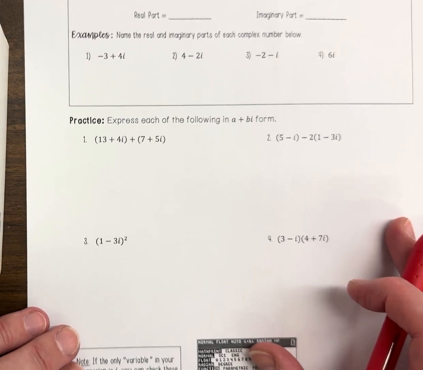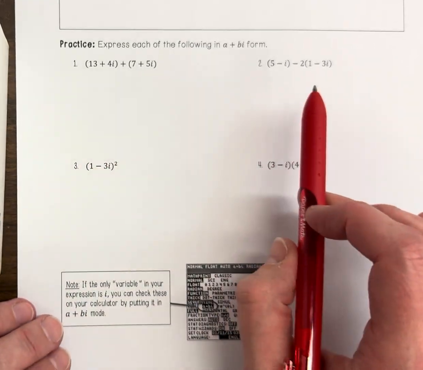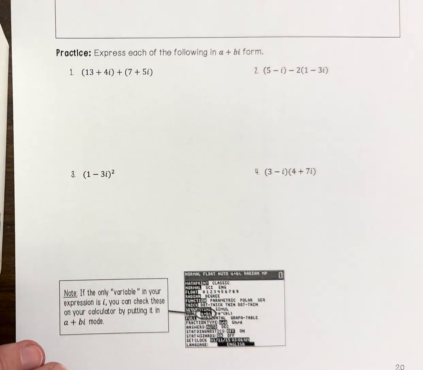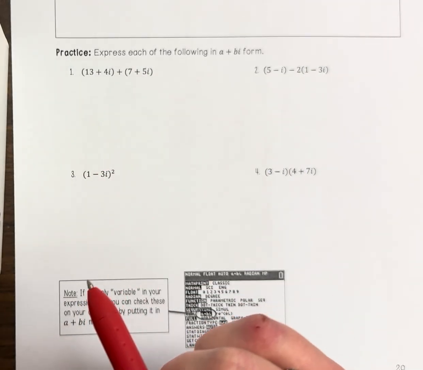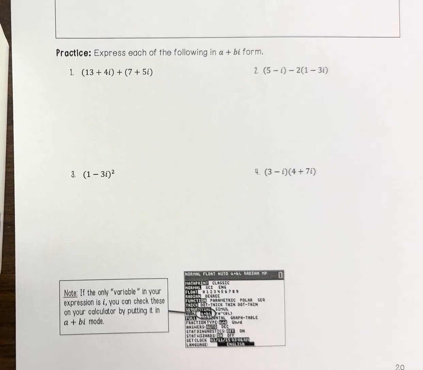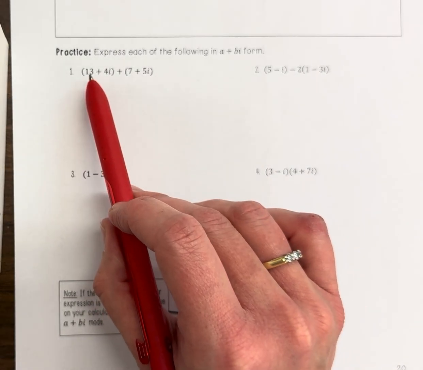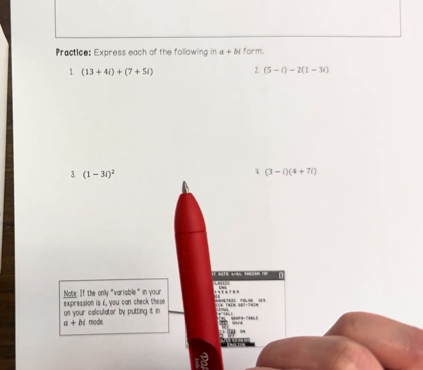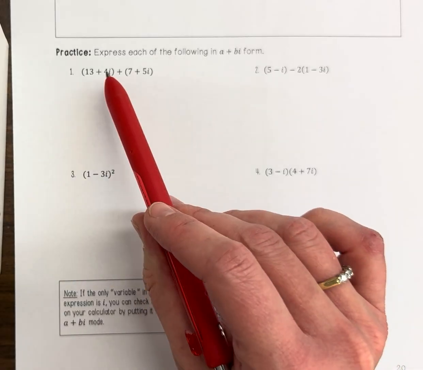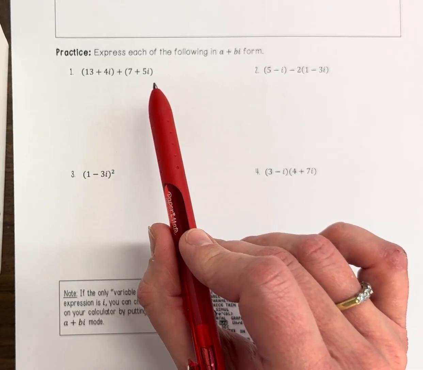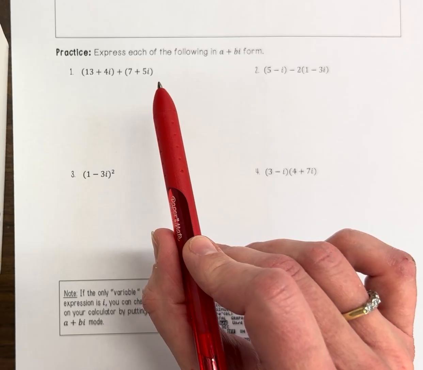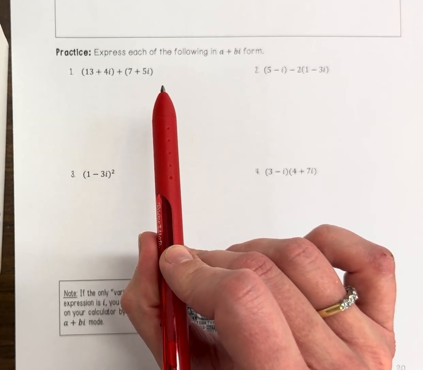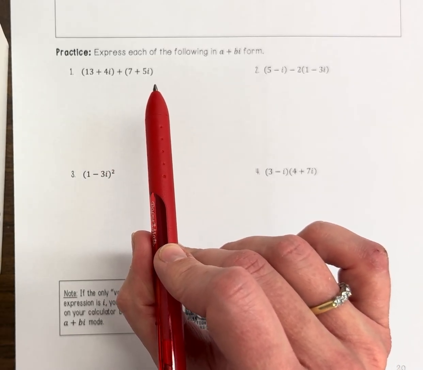So I'm going to actually skip down to the practice in the middle here. Now, your calculator can compute any combinations of whole numbers with terms that have i in them all on its own. If these were x's, your calculator wouldn't be able to do that on the Regents. That mode would be turned off, but the i's it can do. That mode will be turned on.